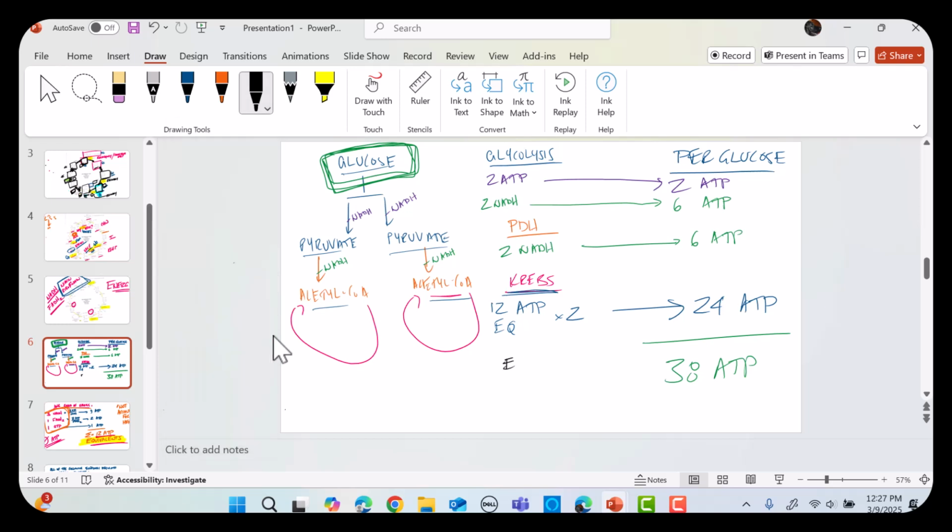So we have another process called the electron transport chain. That's where all the equivalents get converted to the real thing. So we make the stuff that makes ATP in the Krebs cycle, and we send everything to the electron transport chain.